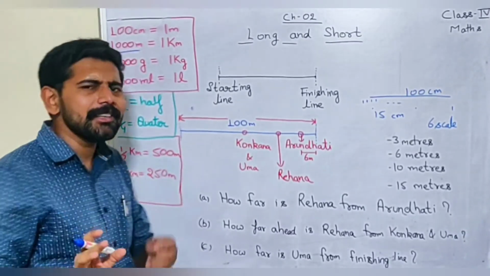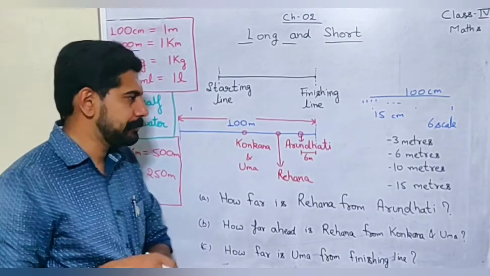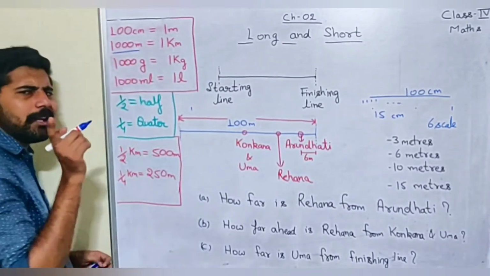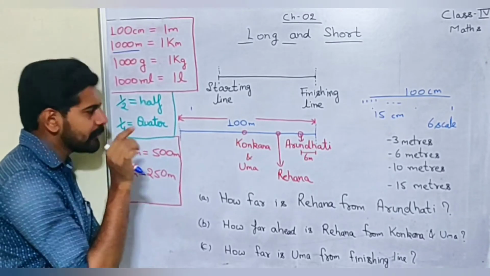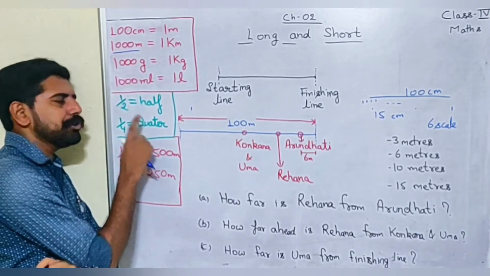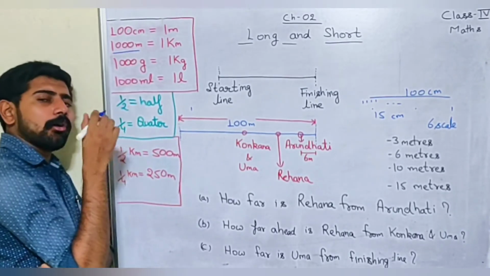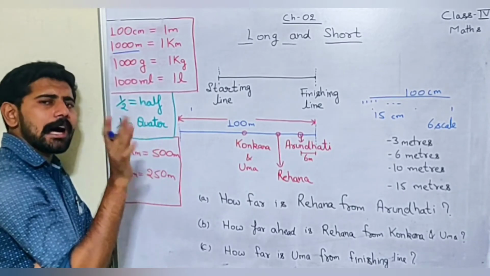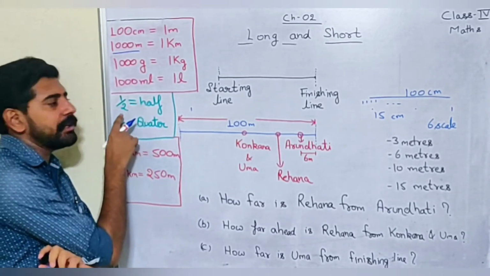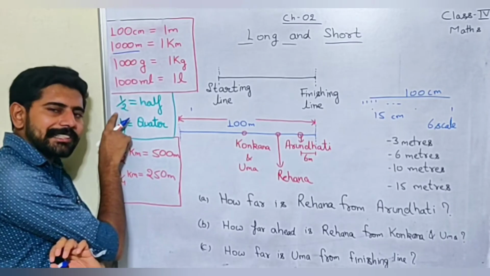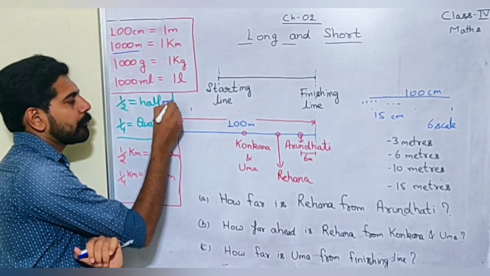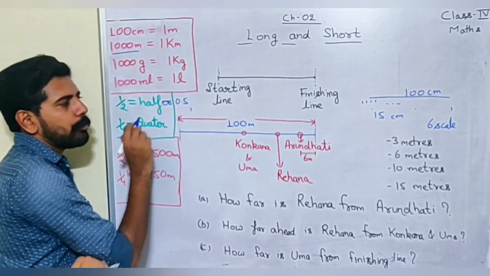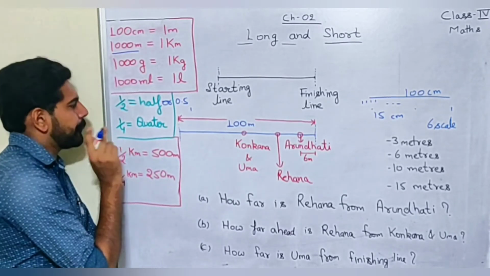Okay. These are very simple quantities. But we also know that 1 by 2 is half, right? And 1 by 4 is equal to a quarter. Whenever someone asks for half, that means it is asking 1 by 2 or 0.5.